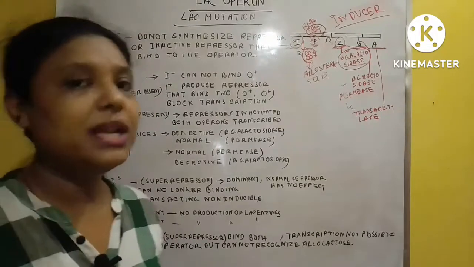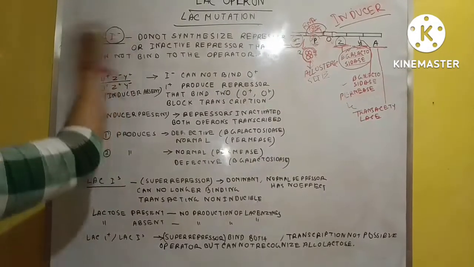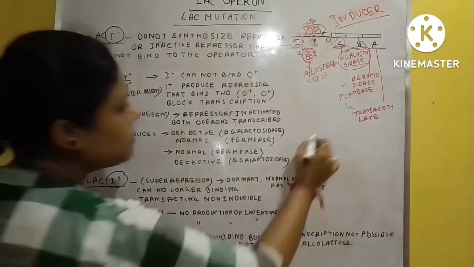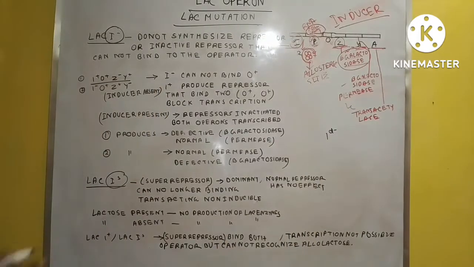Today we will learn. When the mutation is seen, the mutated gene is I minus. I will also describe I D. First, we will learn about Lac I minus.